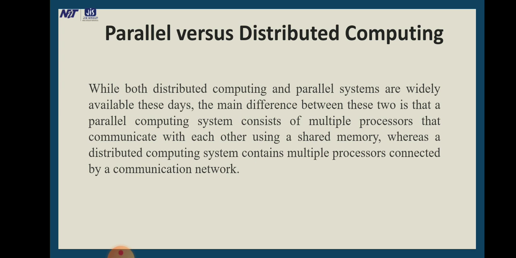There are several reasons why a system should be built distributed, not just parallel. Scalability is one of the reasons, as distributed systems don't have the problems associated with shared memory. With the increased number of processors, they are regarded as more scalable than parallel systems.